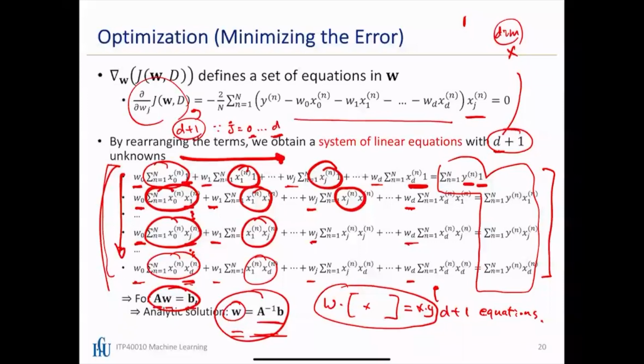So we have a bunch of different equations, and these can be addressed by moving one to the other and assigning them and so on. So this is a system of linear equations at the end of the day.